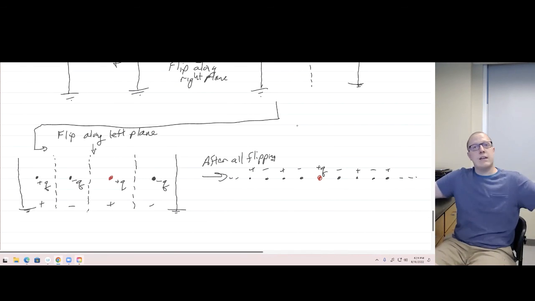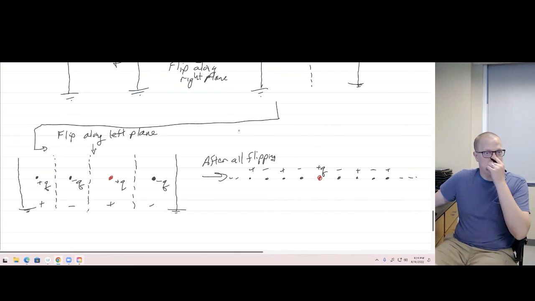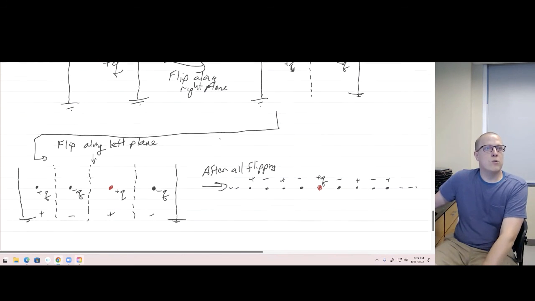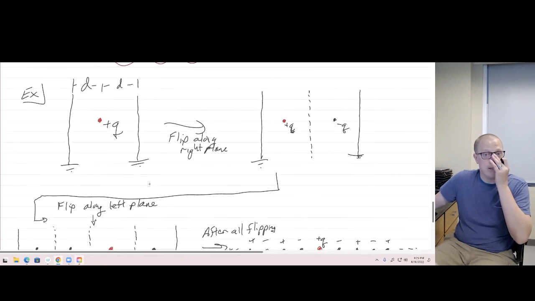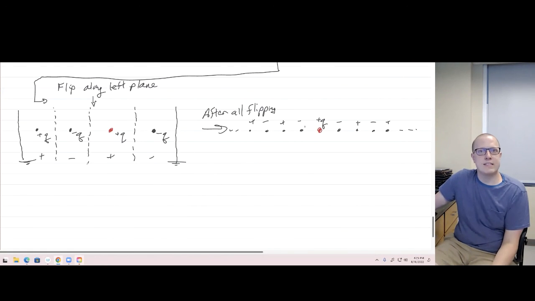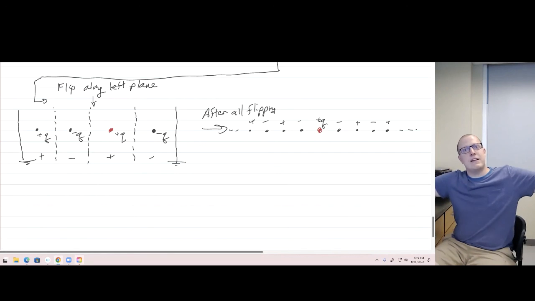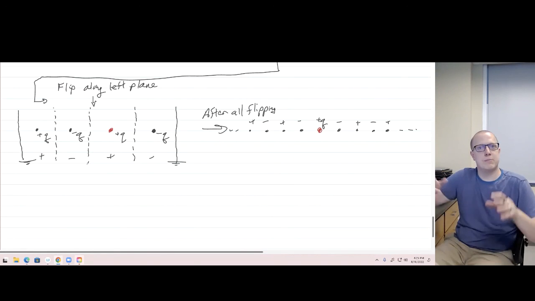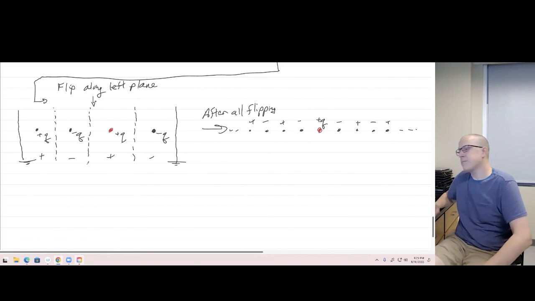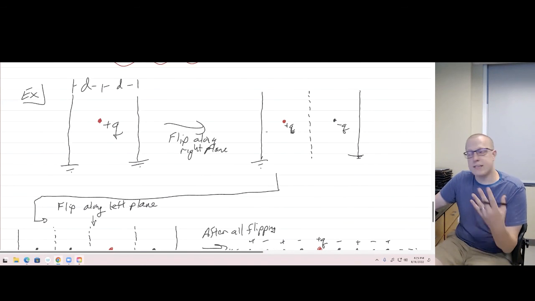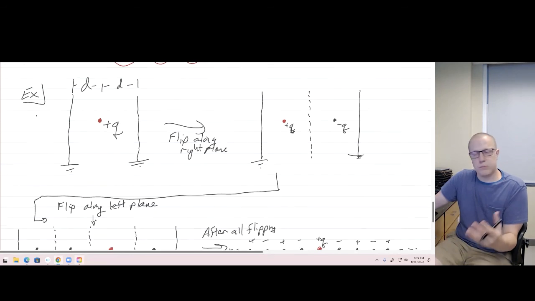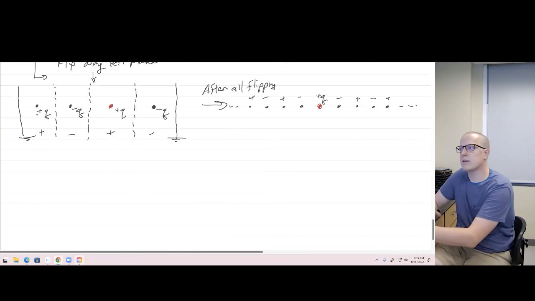And then at the end, we won't have any planes left. So just by putting a single charge in between these two grounded planes, that's effectively the same thing as saying we have this infinite line of alternating charges, plus, minus, plus, minus, plus, minus. And so again, in theory, you can replace a complicated problem with just a bunch of point charges. Okay.